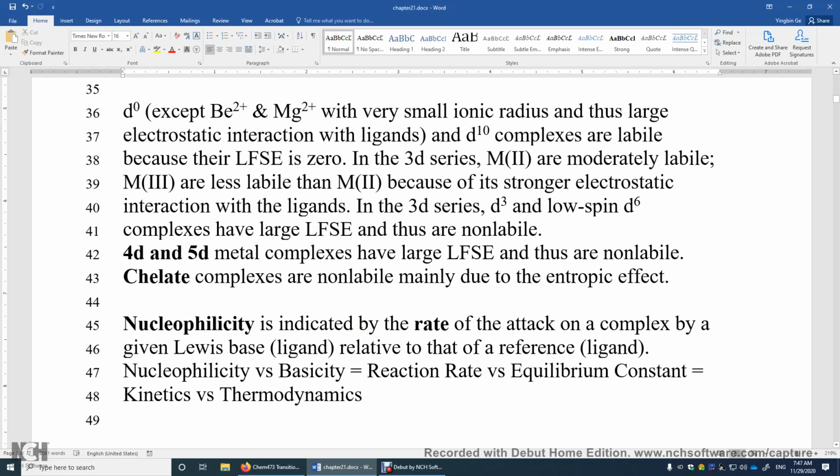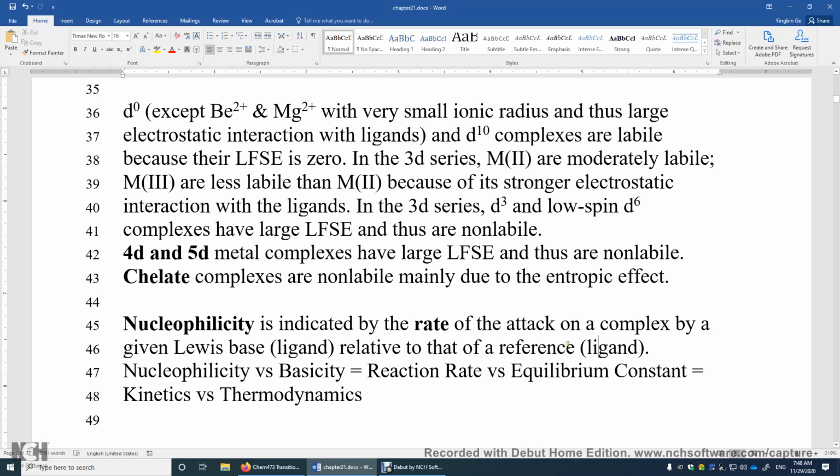So, for example, you can just use an ammonia ligand to replace a water ligand, and then we can measure the relative rate between this exchange rate. You can use ammonia to replace a water, and then you can use a water to replace a water, right? So, the reference ligand is referring to also the entering ligand. So you're comparing 2 entering ligands.